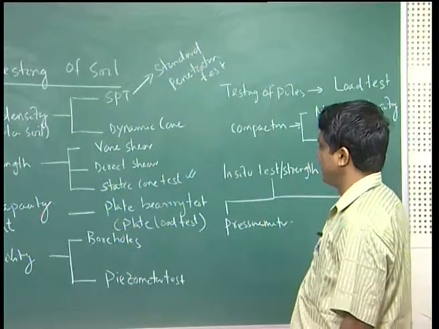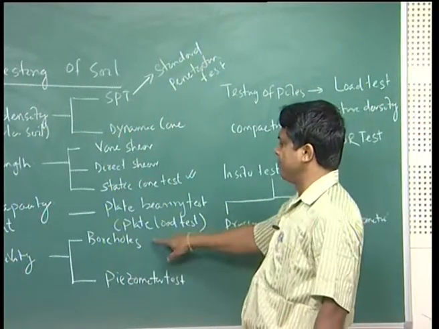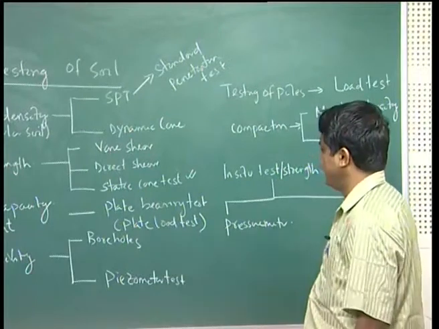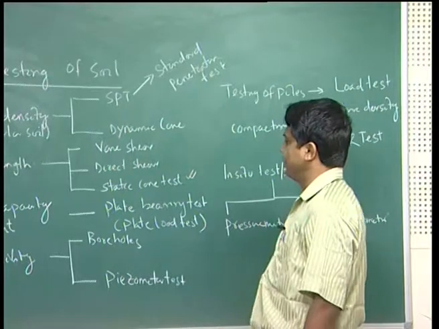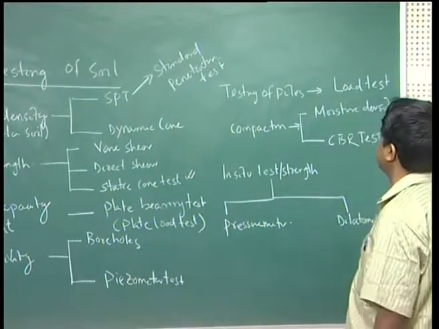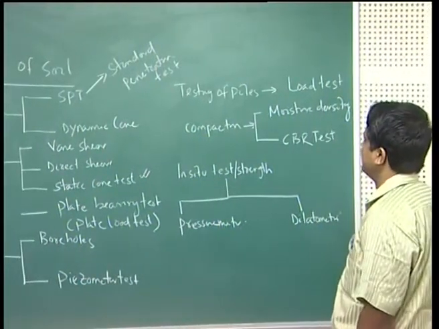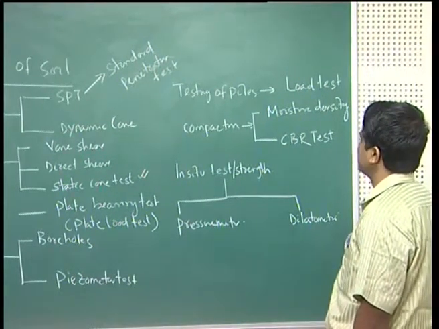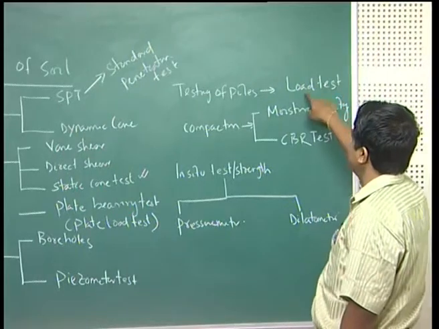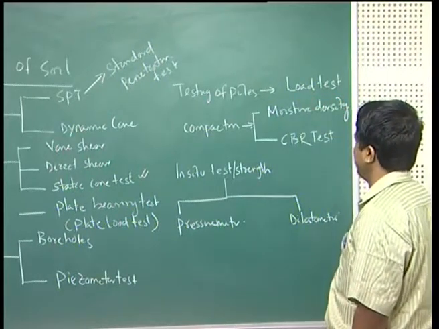That means boreholes are made, and from there you can find out the permeability, and from piezometer also the coefficient of permeability can be obtained. Testing of piles: generally pile load test, that means load test on piles in situ in the field.